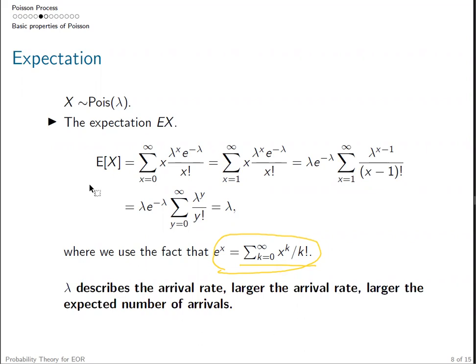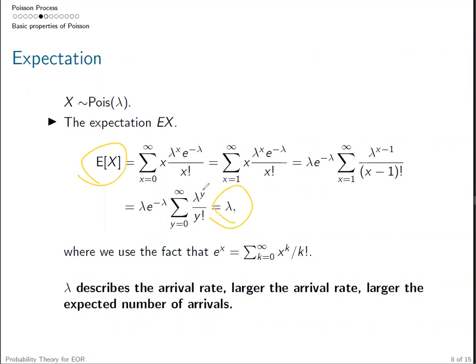The larger the arrival rate, the larger the expected number of arrivals, right? So it's very intuitive to have such a result, that the expectation of x is equal to the arrival rate, given we are considering the arrival rate within a unit length. So it's not a very surprising result.